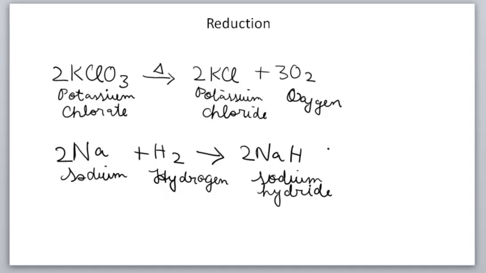So from this equation we can infer that reduction is a process in which hydrogen is added to a substance. So it's again exactly the opposite as oxidation, where hydrogen is removed from a substance.